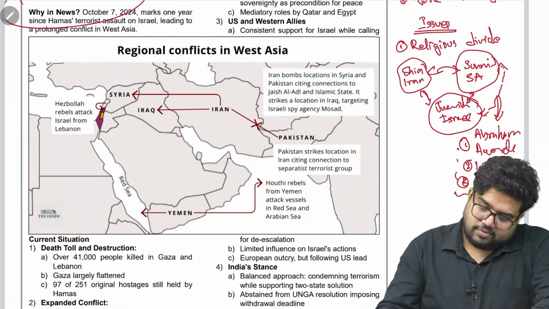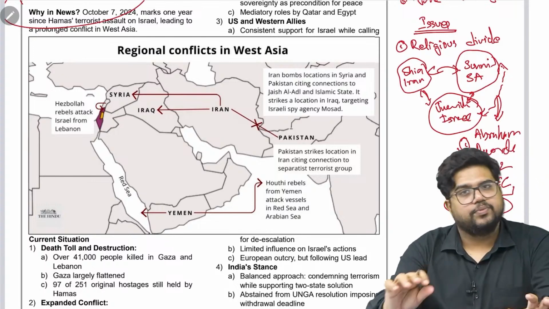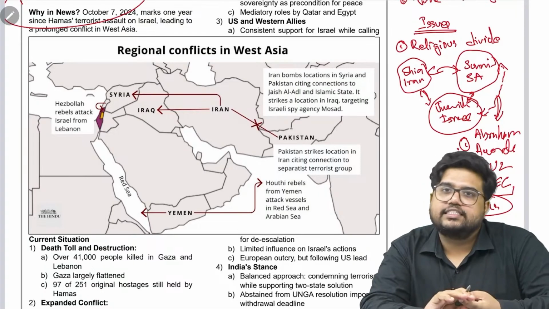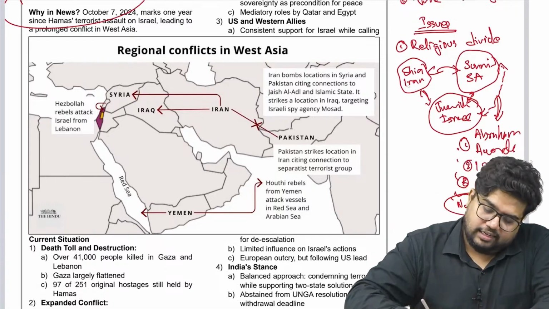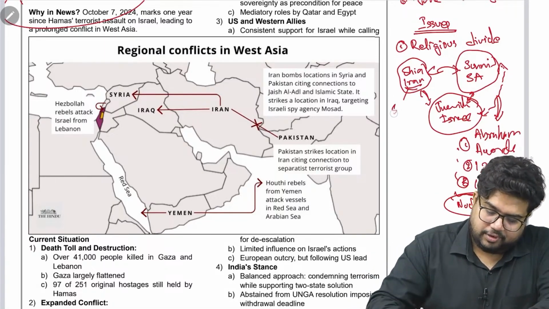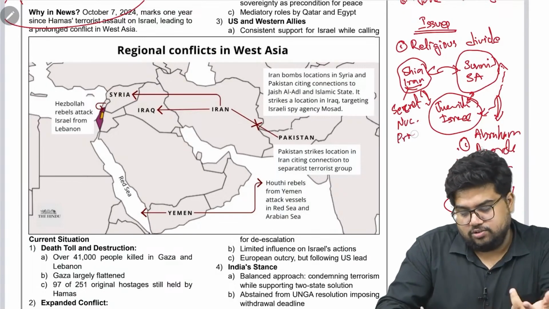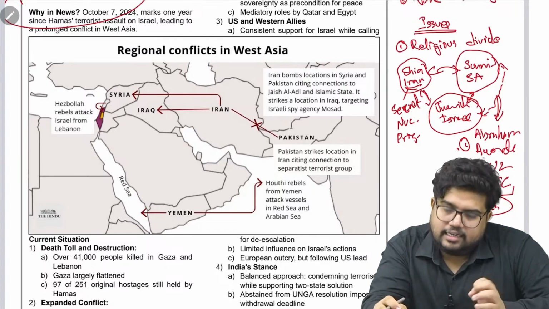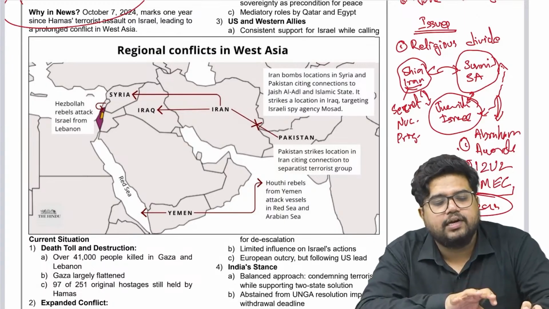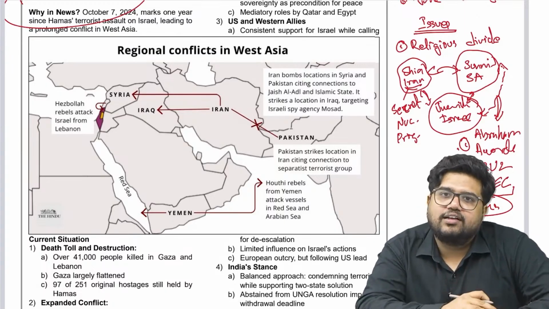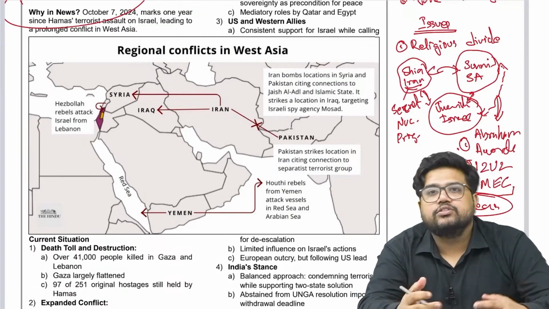Now, there is a nuclear aspect here also, because we already know Israel has an active, functional nuclear program. So Israel is under its own nuclear coverage, while Iran has a secret nuclear program, which is not quite secret right now, but still Iran has this program. So in a tripartite conflict, if two parties come under a nuclear umbrella, the third party is at the receiving end because it doesn't have this protection.